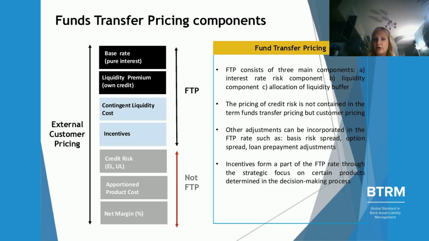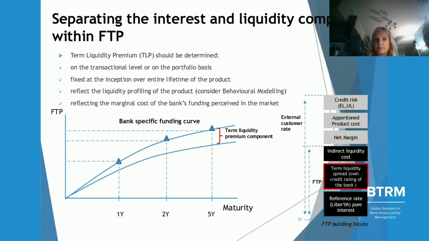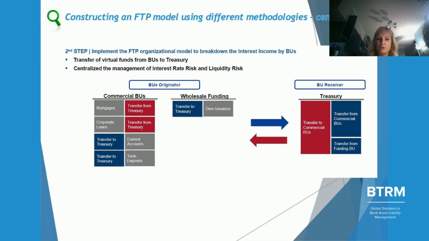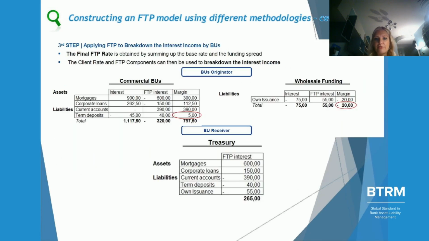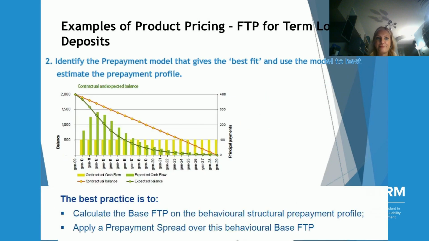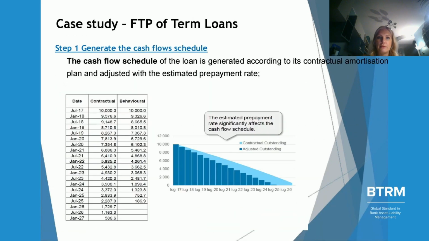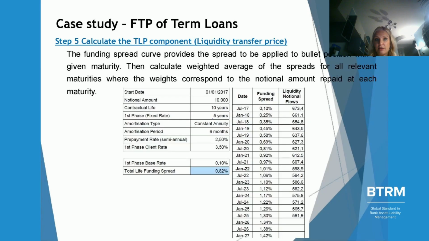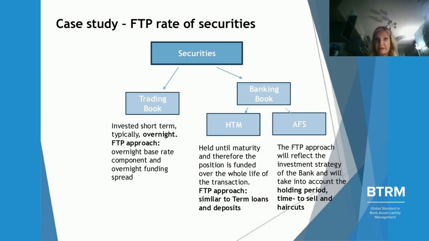Let me summarize the introduction to FTP with another concept, which is, in my view, important: the FTP curve. This is part of the pricing. I have it all in the deck, and there is much more in the final deck.